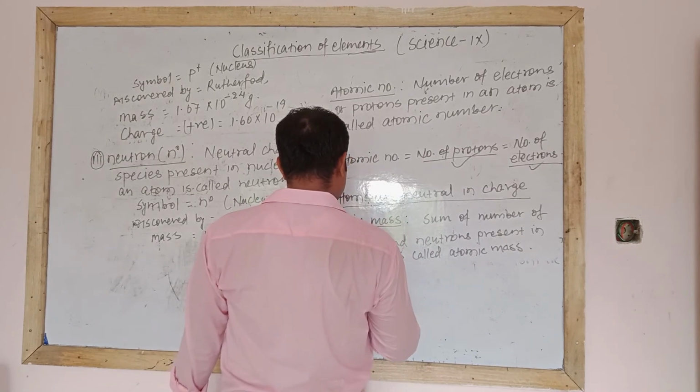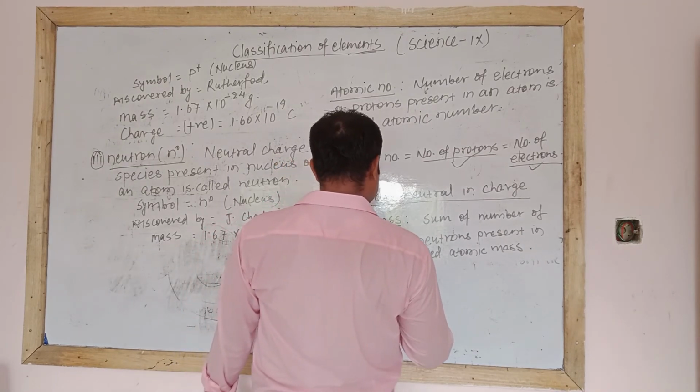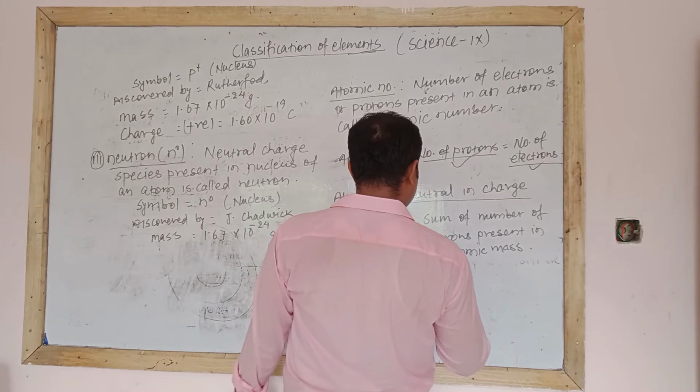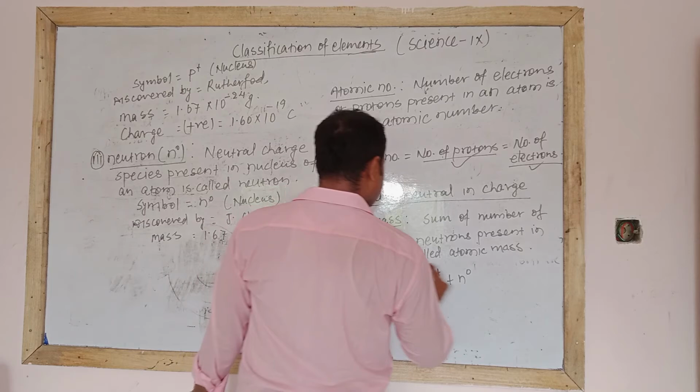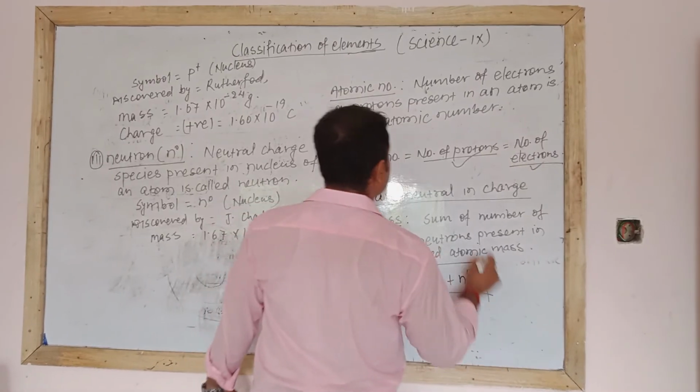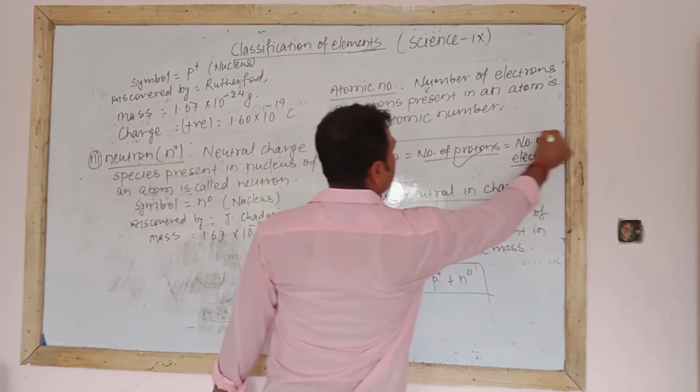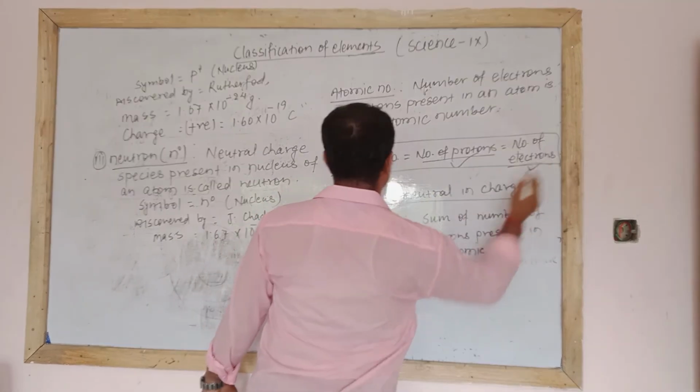You can calculate atomic mass as the sum of protons plus neutrons, and to find the atomic number of an atom, count its protons.